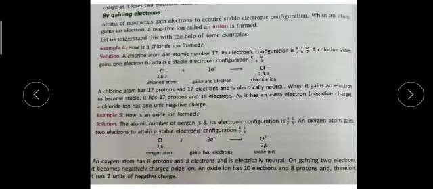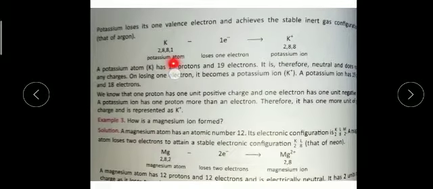When you apply this formula for non-metals, like 8 minus 6, it will be 2. So the oxygen valency is 2, and the chlorine valency is 1. In the same way, magnesium and potassium are both metals, so the metal valency will be equal to the number of valence electrons.